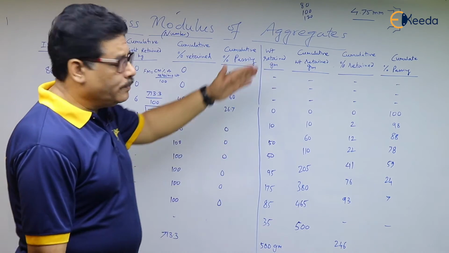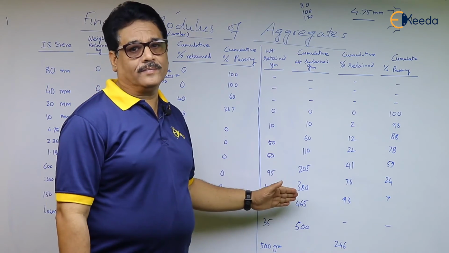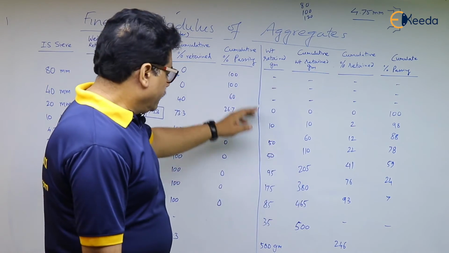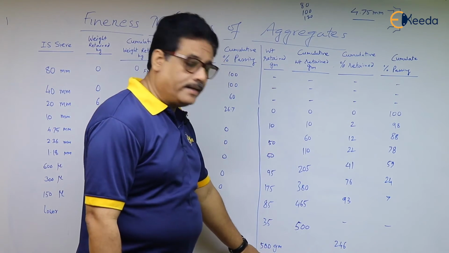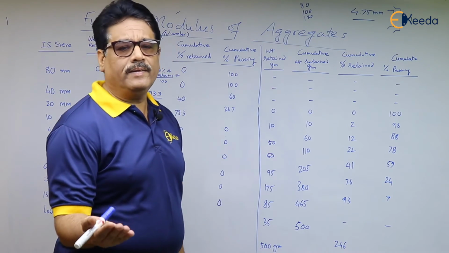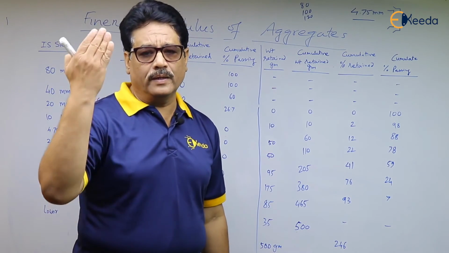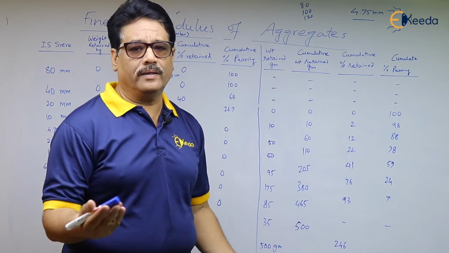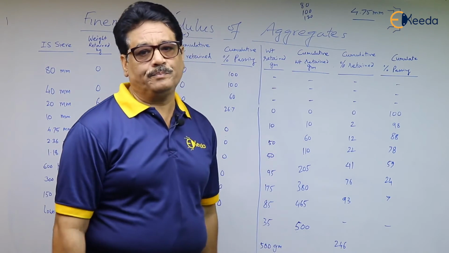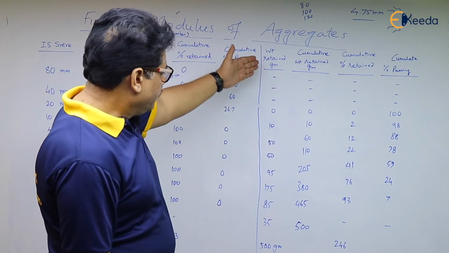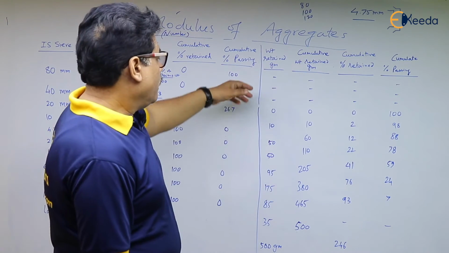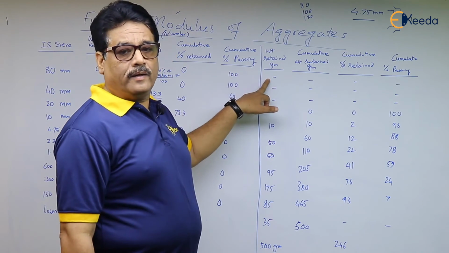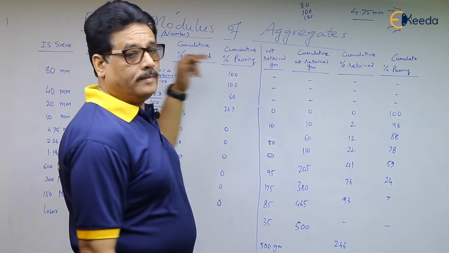Now the same procedure is there for the fine aggregates. The sample taken, we have 500 gram, because for sand we will not be requiring to take kilograms together, 5 or 10. We can have 500 gram. The same sieve set. Now how much will be retained on the 80 mm sieve?